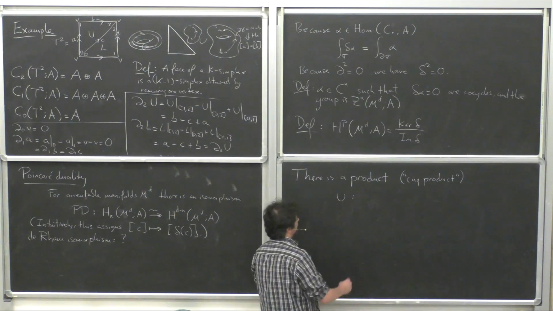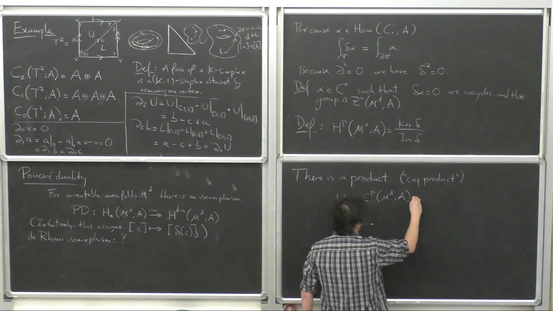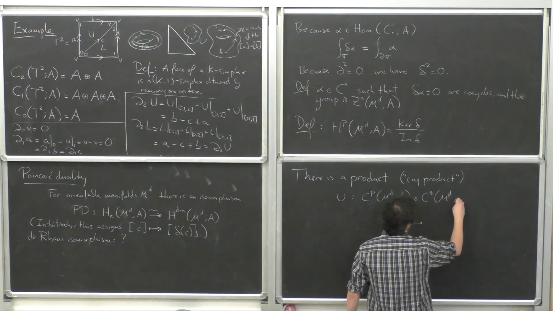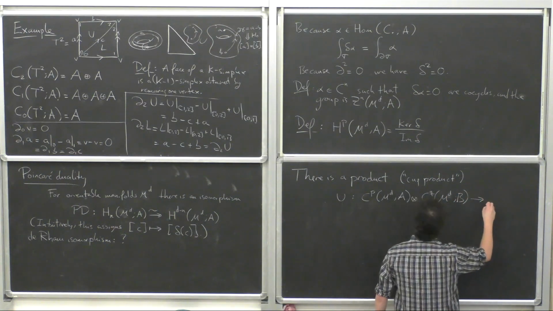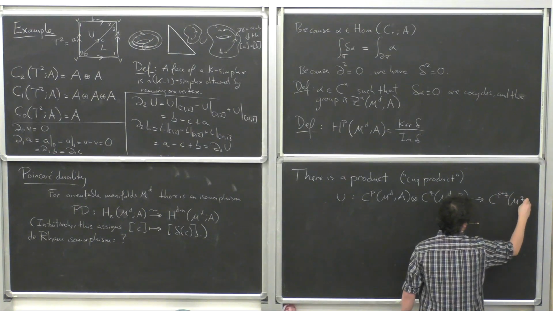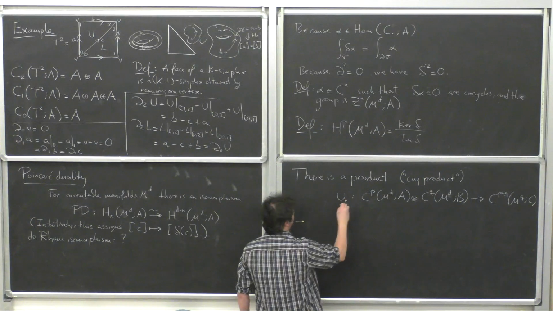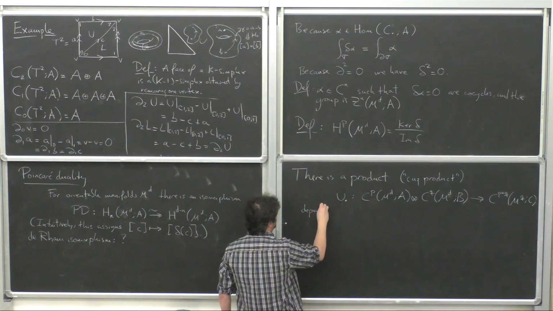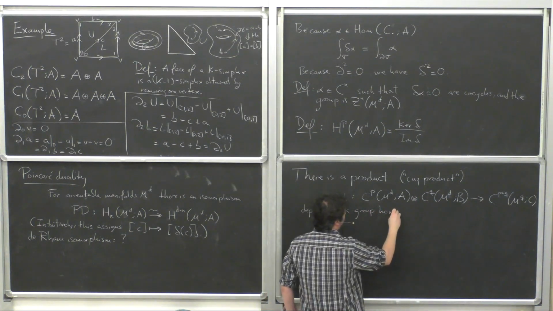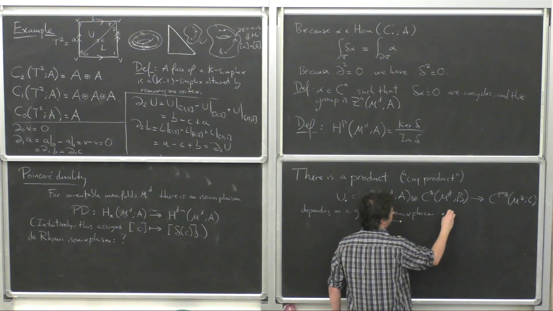So let me say that I have a p-cochain and a q-cochain on M_d, with groups A and B. So this is an operation that produces a cochain from M_d to C. And this depends on a product.